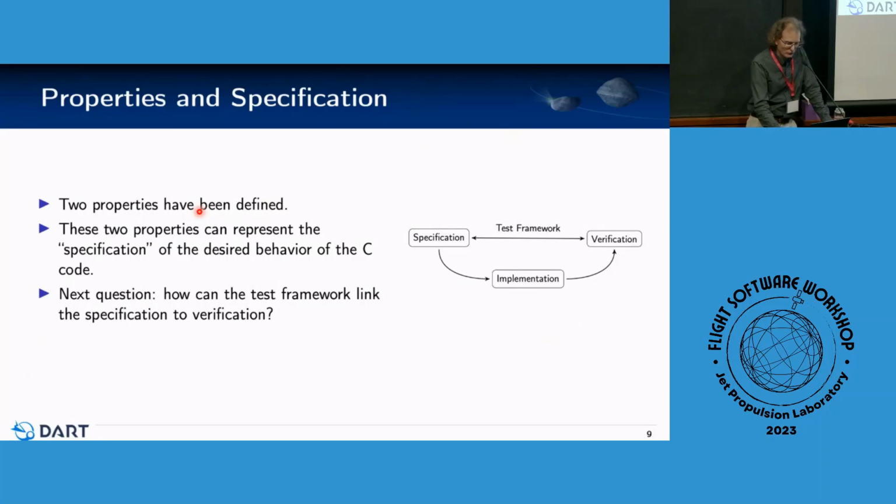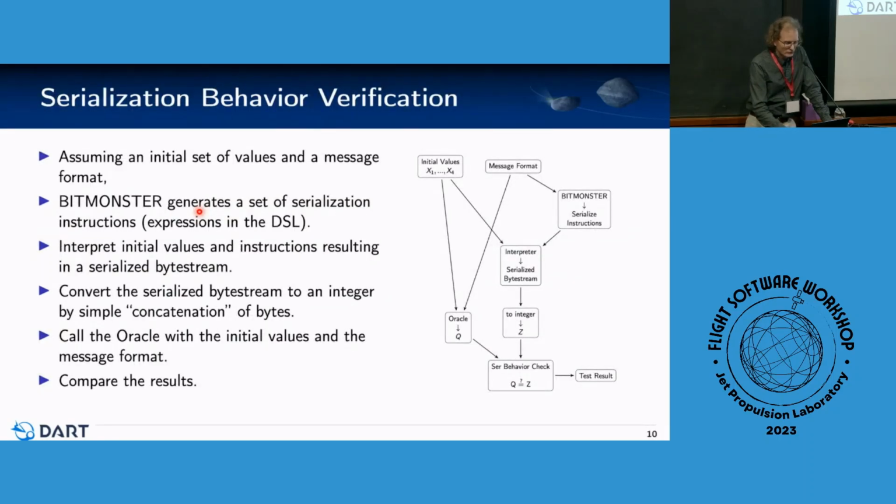Once you have a couple of properties, or perhaps more, or even just one, what kind of test framework can you use to link them together? I'll first talk about how you can perform a verification analysis in the particular case of BitMonster.